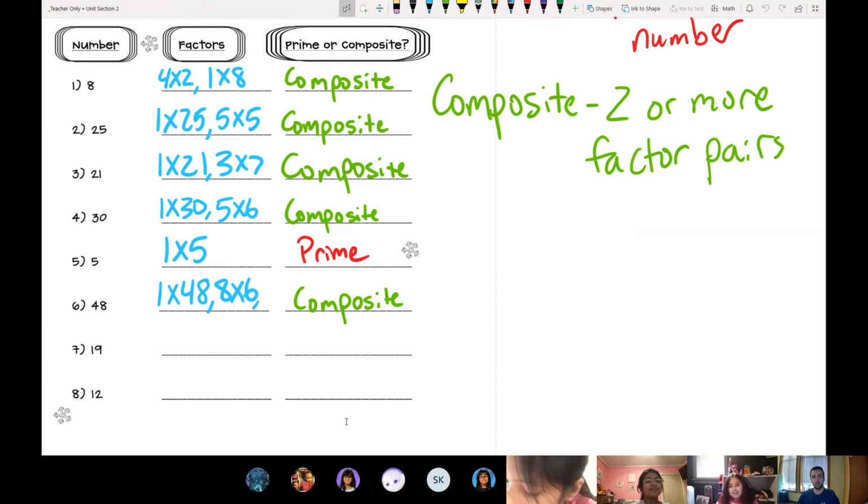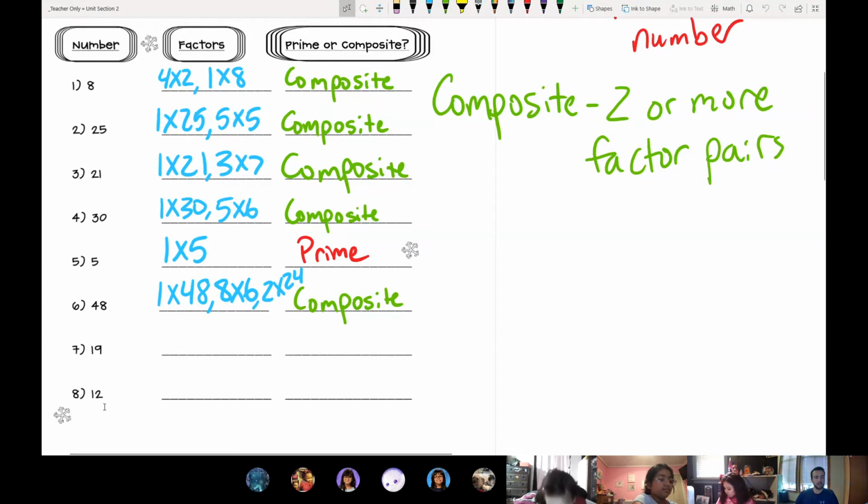Okay, Malia, you keep working on that one. Or do you know it? What do you think? 24. There it is. Yep, 2 times 24 is another option as well. All right, good job, Malia, for finding that one.